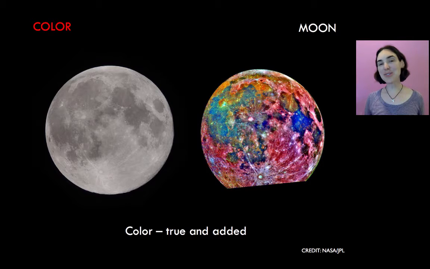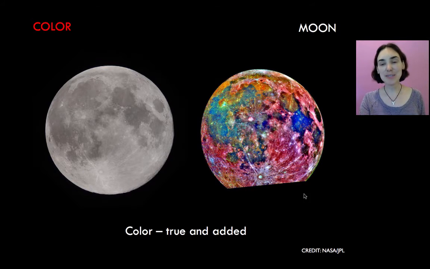Color can also indicate things, and sometimes the color isn't there when we look, only because our eyes don't see all of the possible wavelengths of light that are out there. So we've learned before that we can use false color to show different features of the landscape.